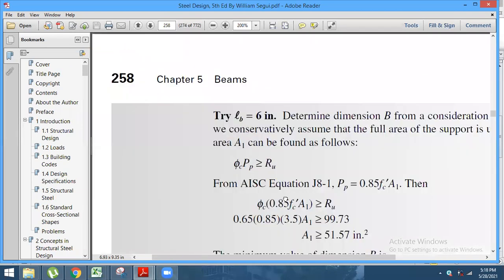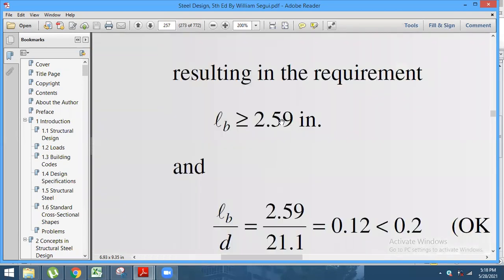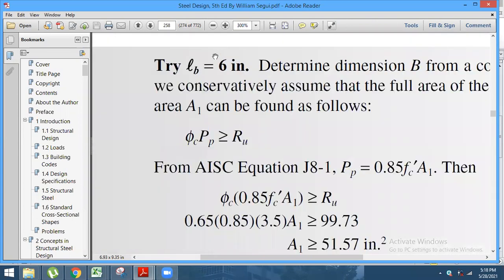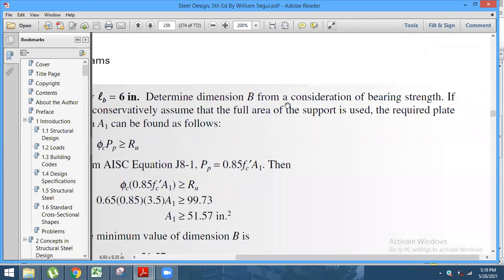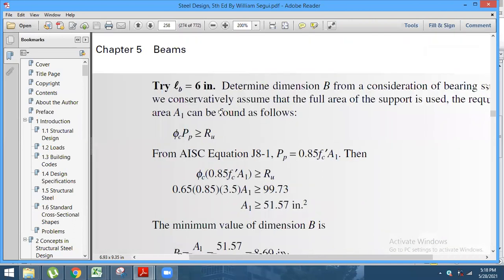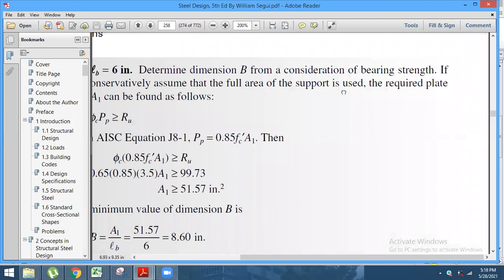So, since we have already the minimum, which is 2.59, so, it's up to you as a structural designer if ilan ang gagawin mo. Kung isasabad mo siya sa 2.59 or lalakihan mo. So, dito, gamitin natin 6 inches. Now, determine the dimension B from a consideration of bearing strength if we conservatively assume that the full area of the support is used.